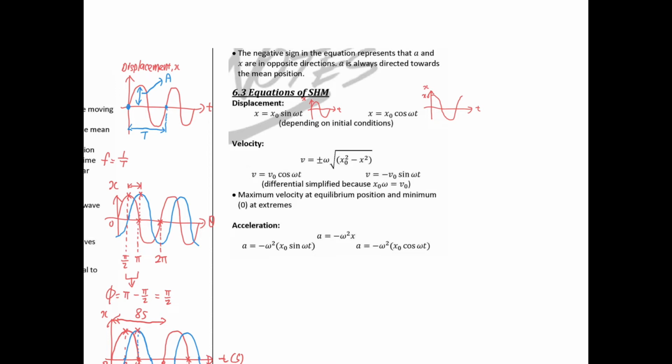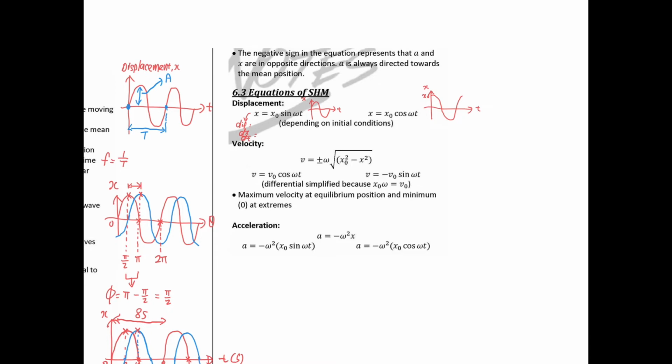So imagine that if I differentiate my displacement, I will get dx/dt equal to, okay, so to differentiate this with respect to t, we differentiate the angle first. We differentiate omega t, so differentiating omega t, we get omega.